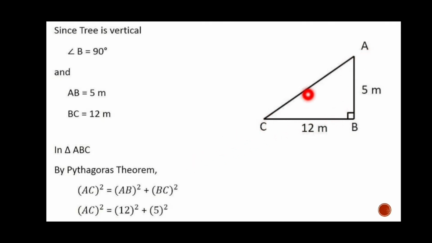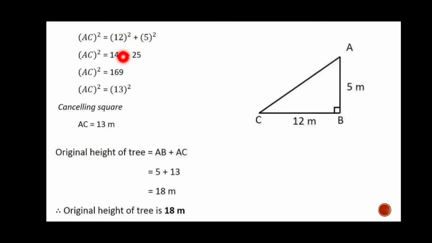AC we don't know, the hypotenuse we have to find here, and the remaining two sides we know, 5 and 12. So we will place the values in the theorem: AB is 5, BC is 12. Now the square of 12 is 144 and the square of 5 is 25. So the sum will come 169.